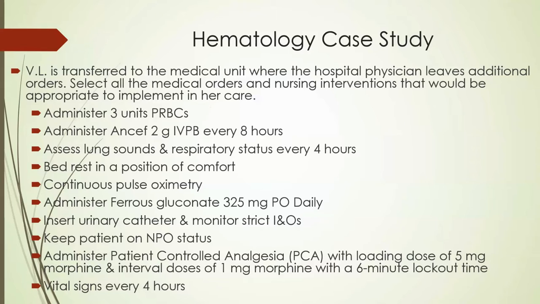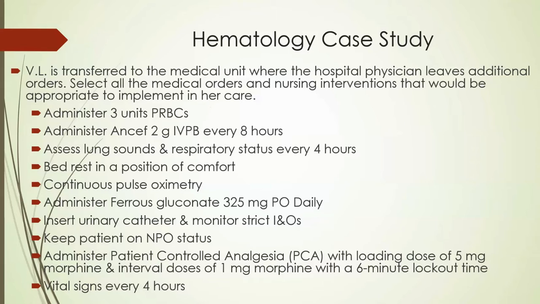Yes, because she has the high white blood cells and we know she has a recent history of respiratory infection. How about assessing her lung sounds and respiratory status every 4 hours? Is that something we'd want to do for her? Yes. Because we know she's had crackles and she's had recent respiratory infection, so we want to make sure she doesn't start getting any worse.